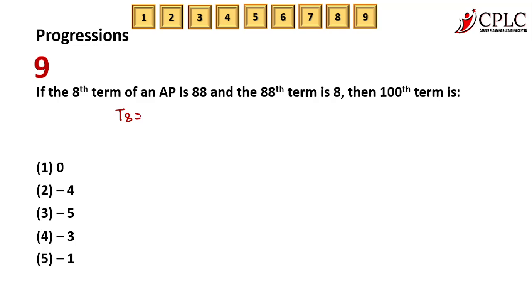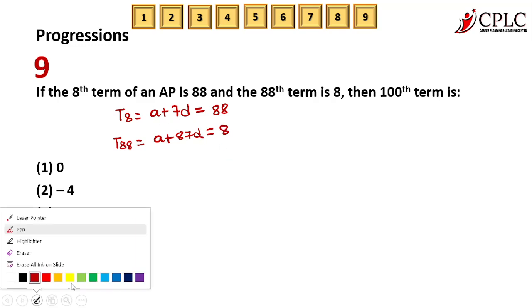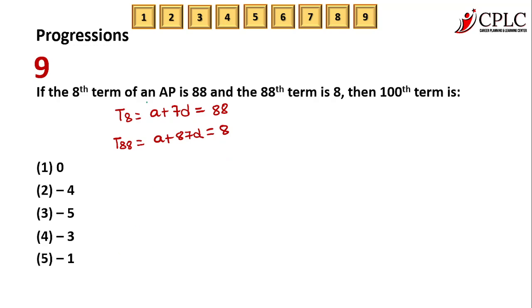So T8, the formula will be a plus n minus 1 into d, that is a plus 7d, and that answer is 88 basically. And then the 88th term is 8. Okay, so T88 is a plus 87d. Now, what we have here is two equations and two unknowns.